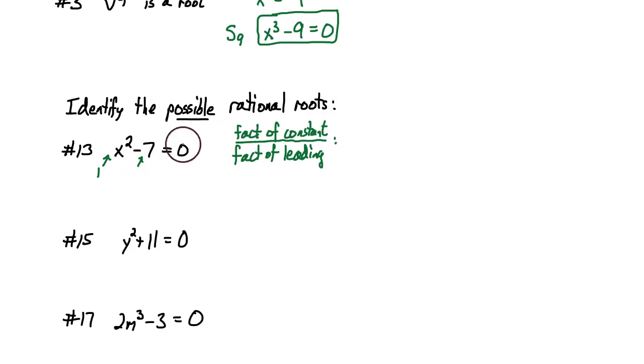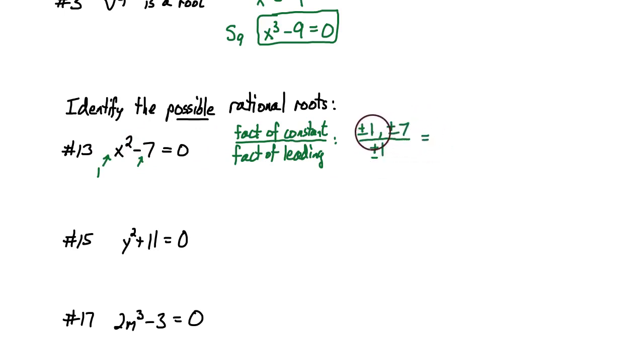The factors of -7 are positive and -1 and positive and -7. These are the four integers that divide into -7.